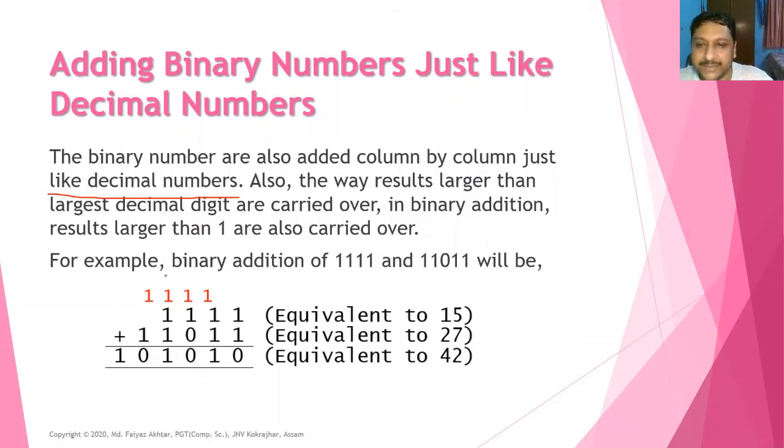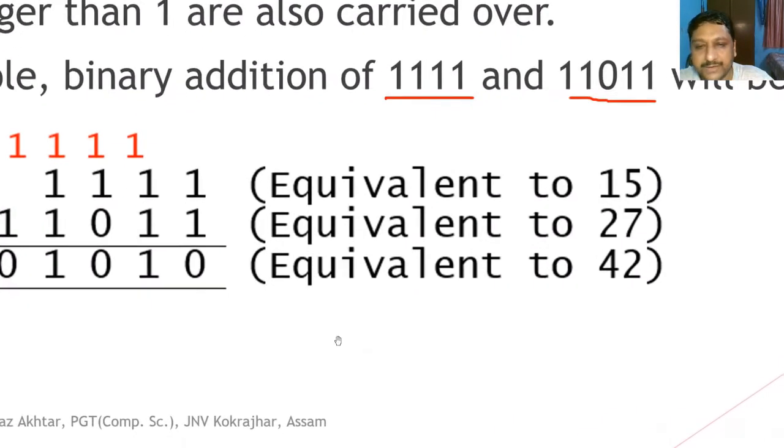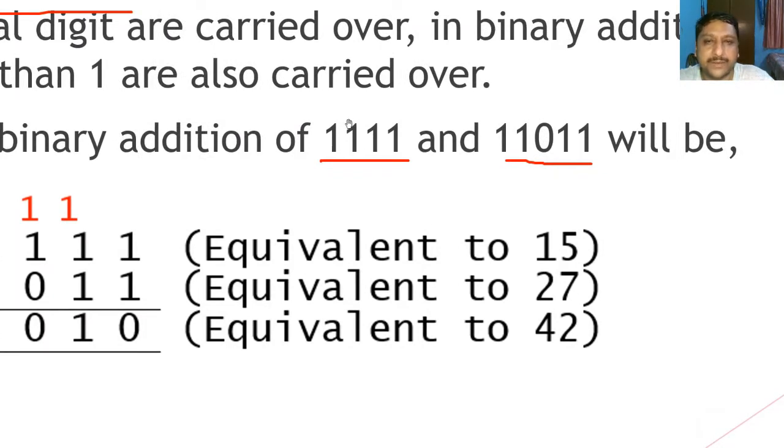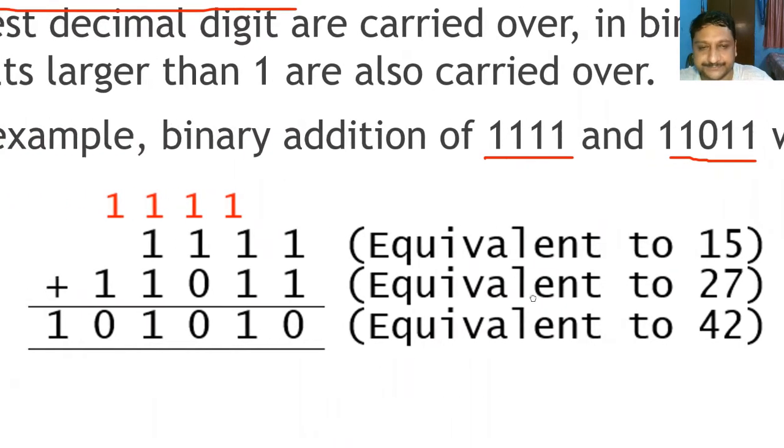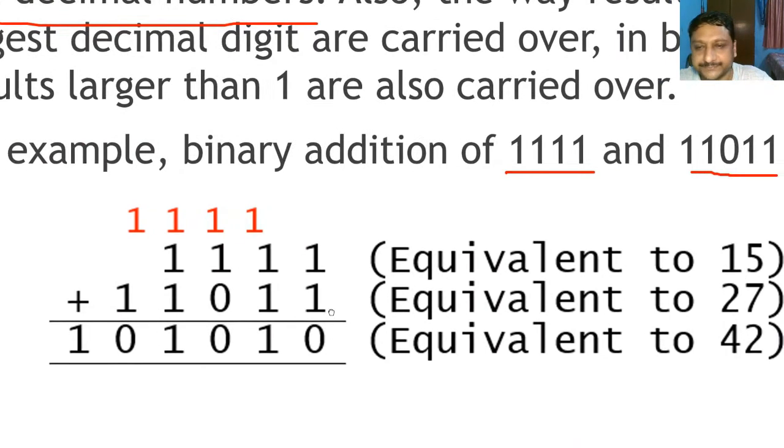For example, here we are adding binary 1111 with 11011. See here, we have obtained the equivalents also. 1111 is equal to 15 in decimal, and 11011 is equivalent to 27 in decimal. And now we are adding here.